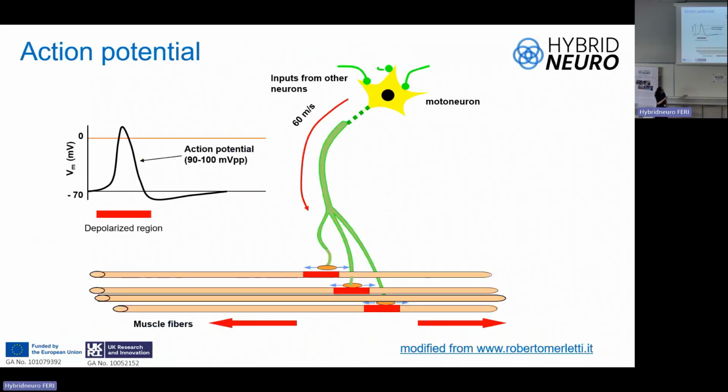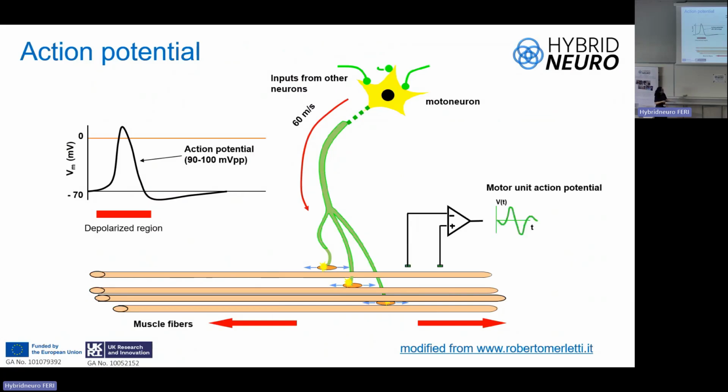So a motor neuron is an integrator, so it receives input from supraspinal centers and afferent feedback, and the motor neuron integrates this feedback. When the current is above a certain threshold, it discharges an action potential that reaches the muscle fiber at the neuromuscular junction, and then the action potential travels towards the two tendons.